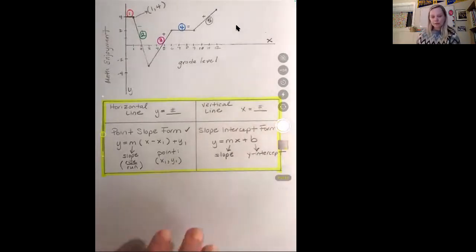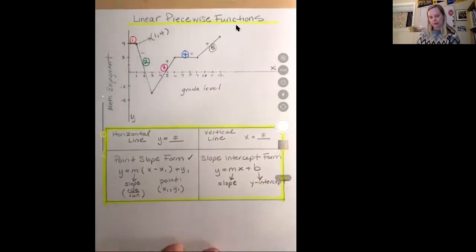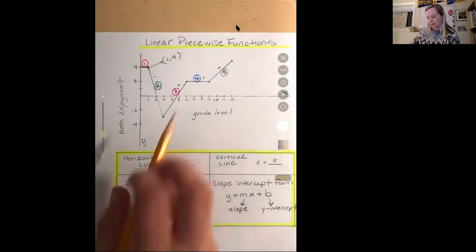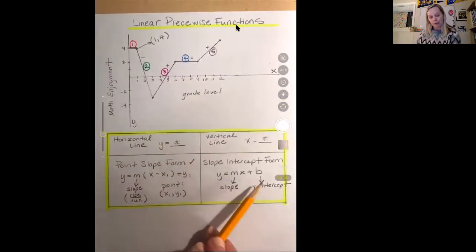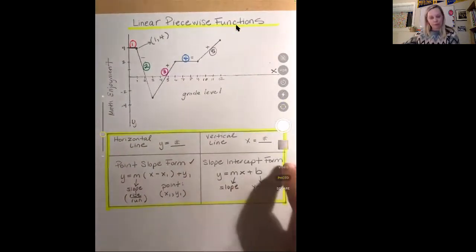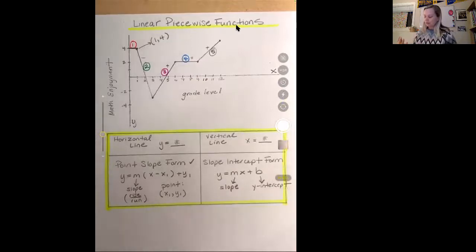So if you have a line that goes through the y-axis, and so you had a slope and you had a y-intercept, this one would be a better one to use. It's harder to see on this graph, because none of our lines except for this one run through and touch the y-axis. So they're interchangeable. It just depends on what pieces you have.